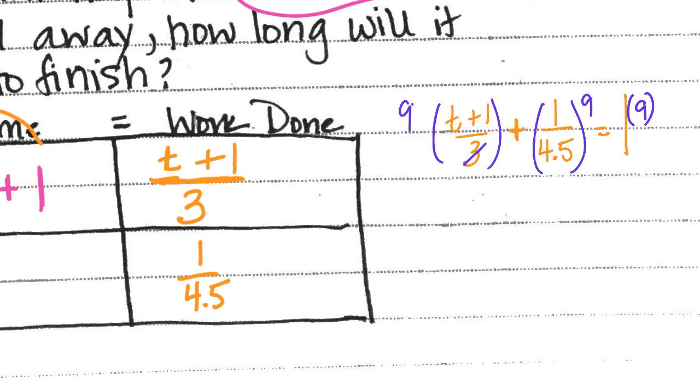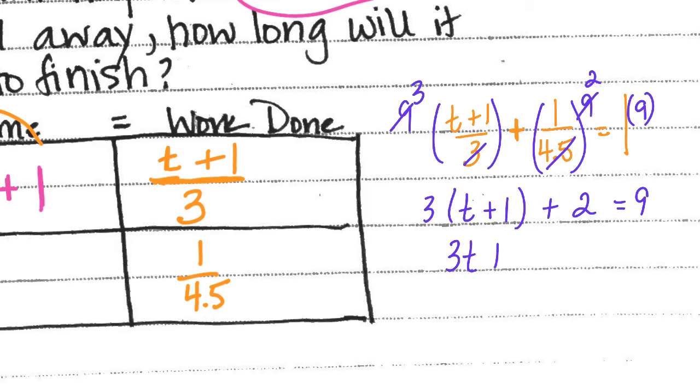So that worked out really nicely. 3 goes into 9 3 times, and we do have to distribute. 4.5 goes into 9 2 times, and that equals 9. When I distribute, I get 3t plus 3 plus 2 equals 9. 3t plus 5, we're adding like terms, equals 9.